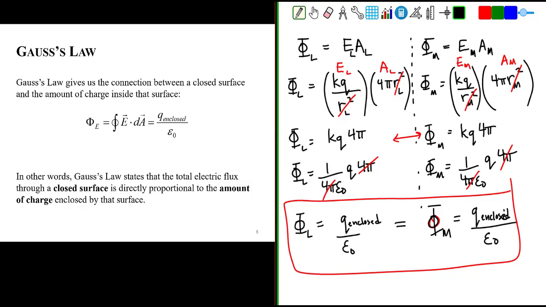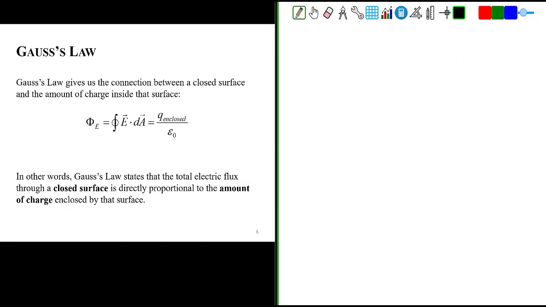Gauss's law gives us the connection between a closed surface and the amount of charge inside that surface. Gauss's law says that the total electric flux across a surface that completely encloses a volume of space, and that's what the circle through the integral means.